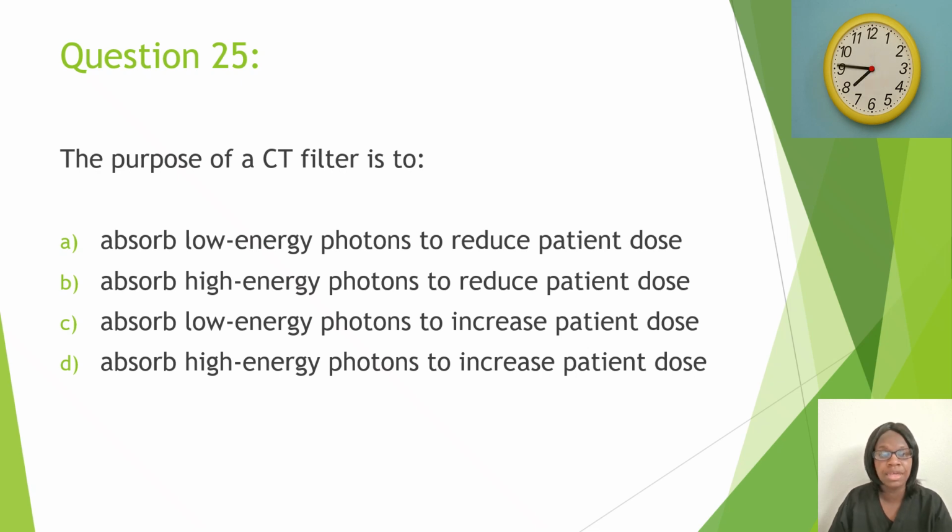Question 25. The purpose of a CT filter is to absorb low energy photons to reduce patient dose, absorb high energy photons to reduce patient dose, absorb low energy photons to increase patient dose, or absorb high energy photons to increase patient dose.